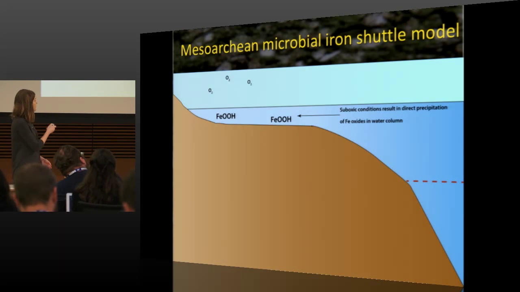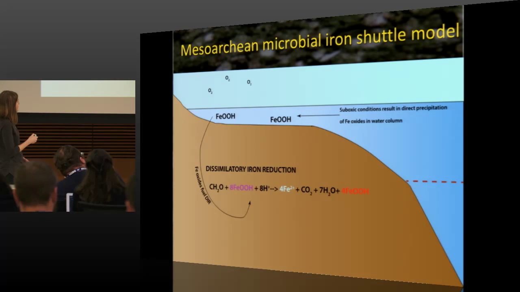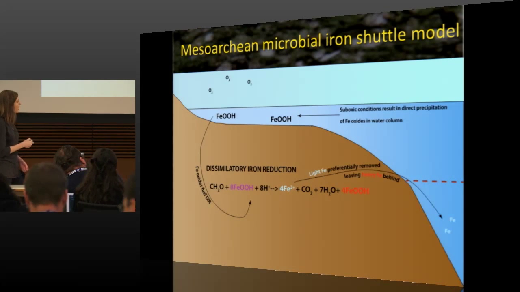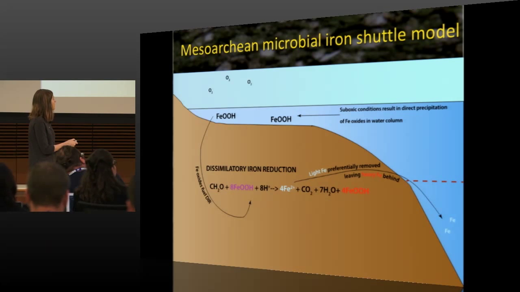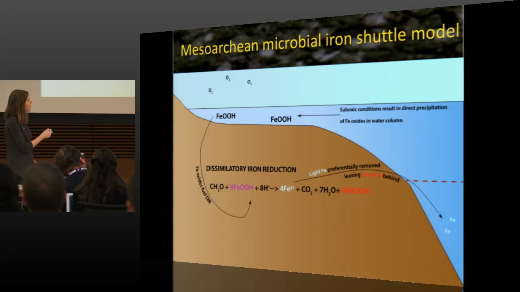So iron would precipitate and go to the shelf, and this ferric iron would be reduced by the DIR bacteria, and they produce isotopically light iron. Now, this isotopically light iron would be preferentially removed and trapped below the redox cline. And this would leave the heavy iron isotopes on the shelf. This is why we have the more heavy iron isotopes on the shelf, and they get increasingly light as we increase the distance from the shelf.